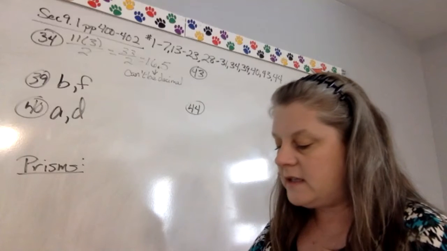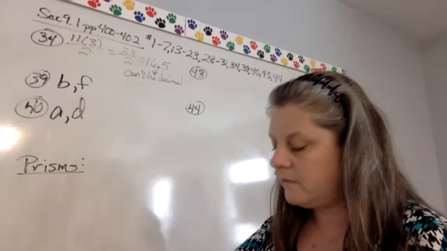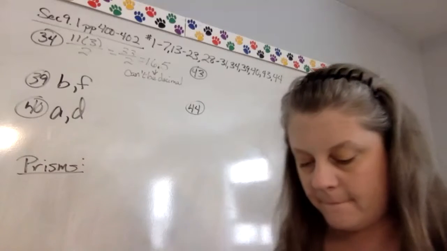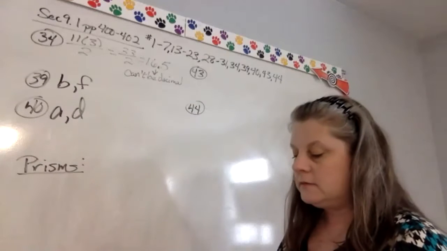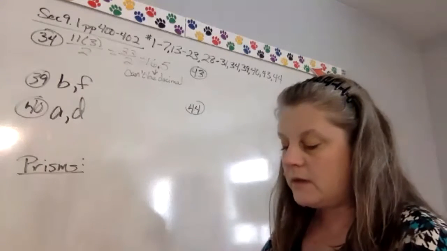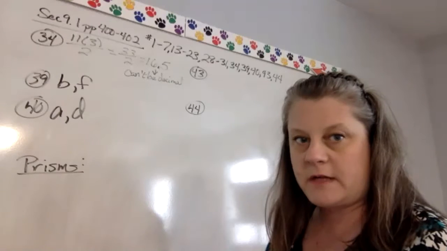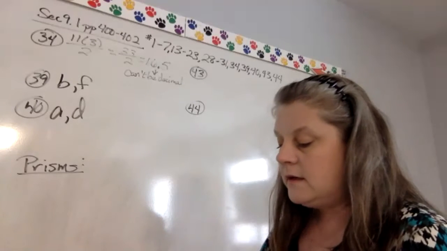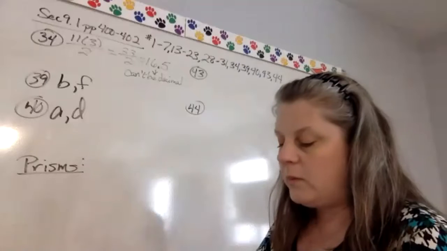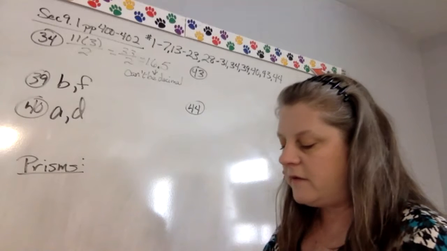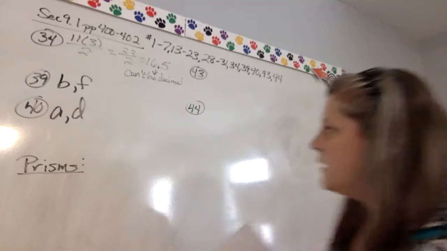So are they next to each other in A? Are the 1, 2, and 3 where they share a vertex, where they touch at a corner? Yes. Okay. And the 1 would be opposite the 6 when you folded the sides in. The 2 would be opposite the 5. 3 would be opposite the 4. So A will work.